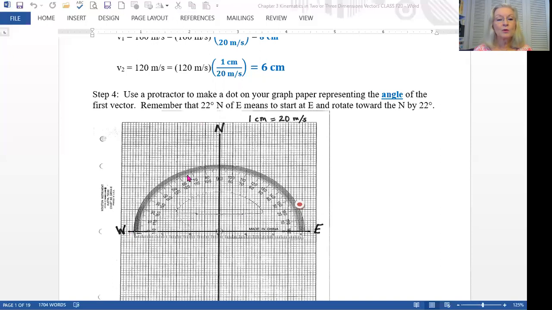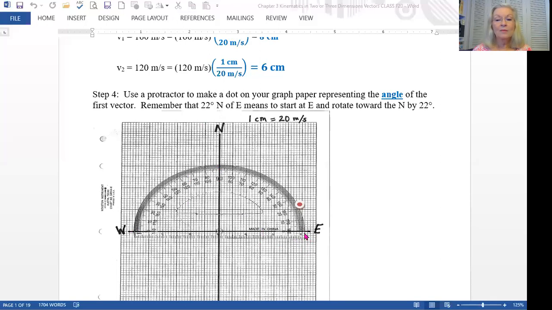So you put your protractor down on the paper. You will notice I don't line up the bottom edge of the protractor with the east-west line, but the 0 degrees. 0 degrees is right here and 180 is over there, and 90 lines up with north. You need to be really careful how you line it up or you will have your angles all wrong.